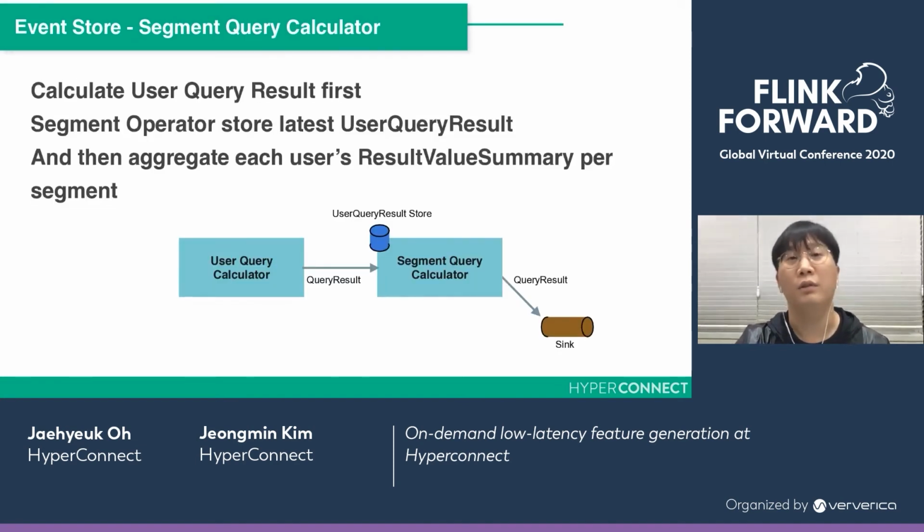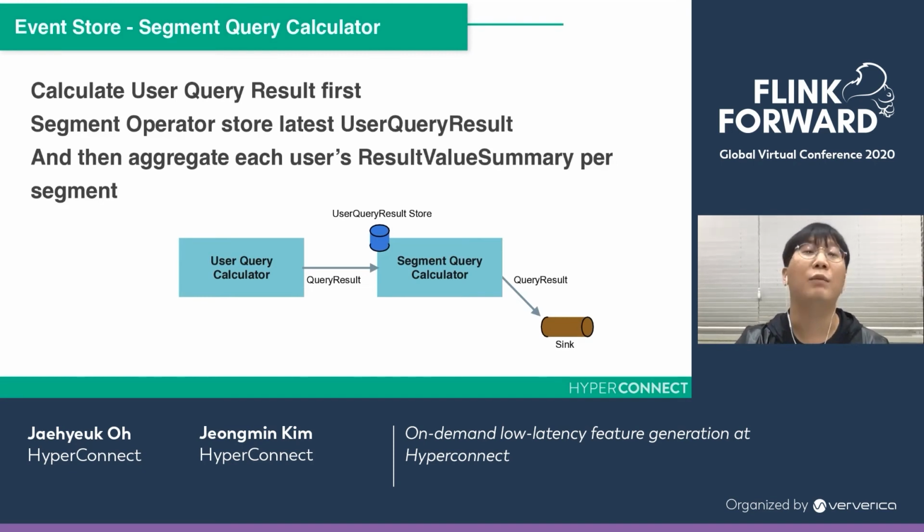The last part of the event store is the segment query calculator. The method to get the segment query result is different from the user-specific query calculation method. If we adapt the same method to the segment calculation, the required resource can increase exponentially because there is no limit on the number of segments per user.